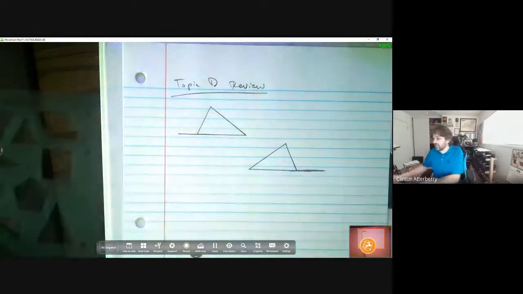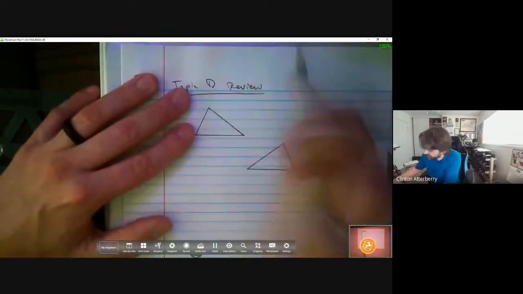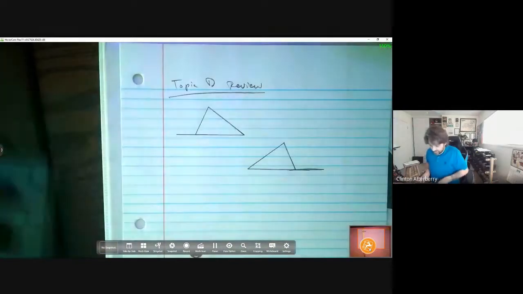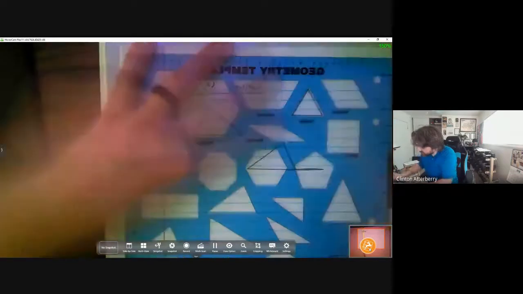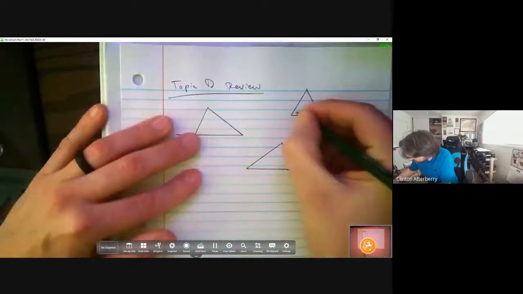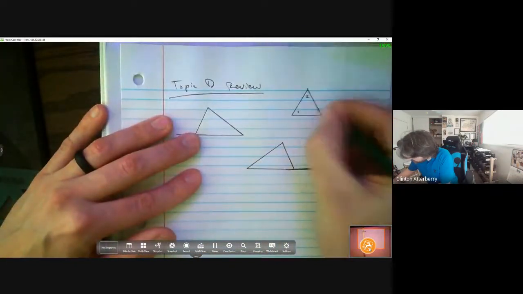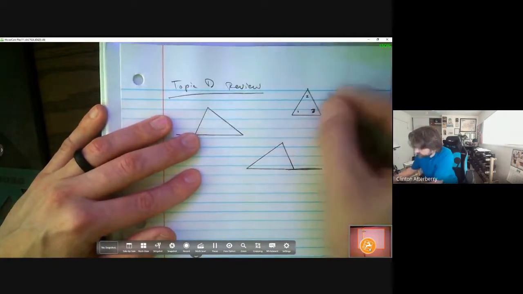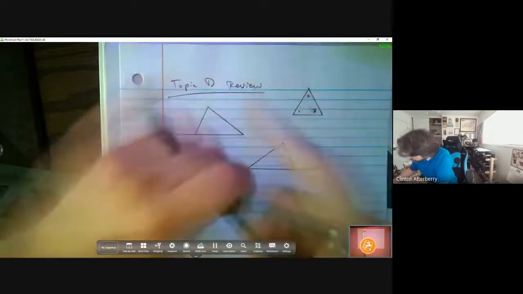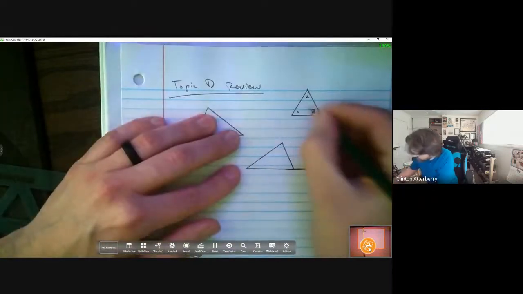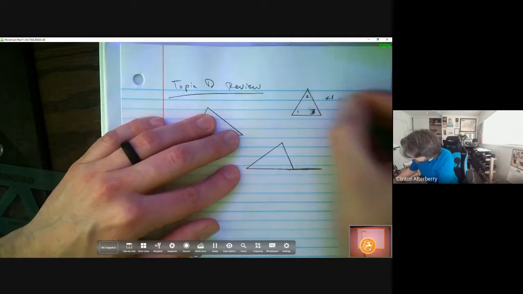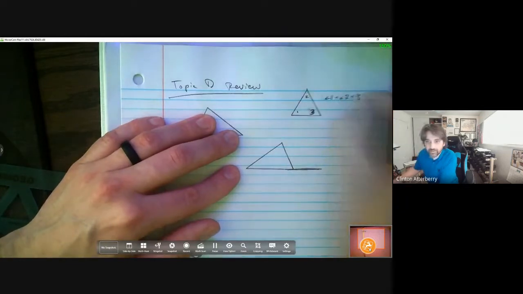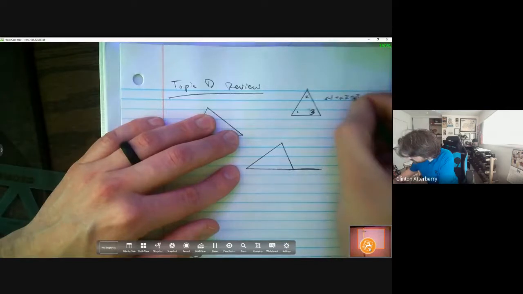All right, so let me do this. If I call these angles 1, 2, and 3, and I add all three of those angles, angle 1 plus angle 2 plus angle 3, they always add to 180 degrees.